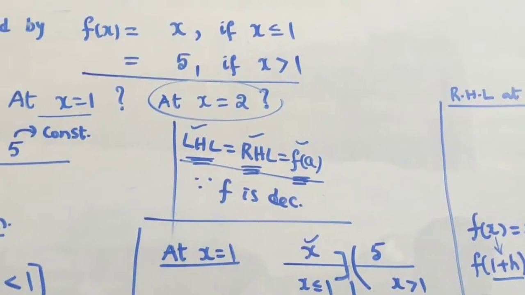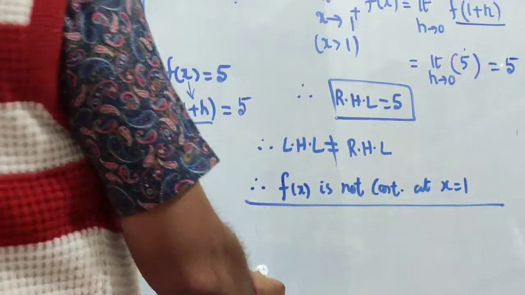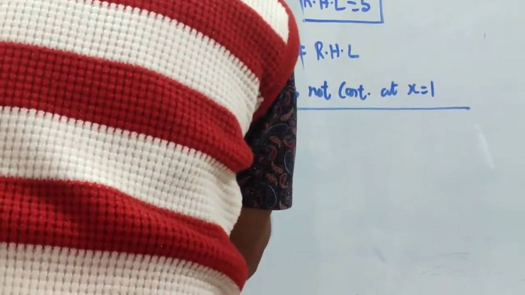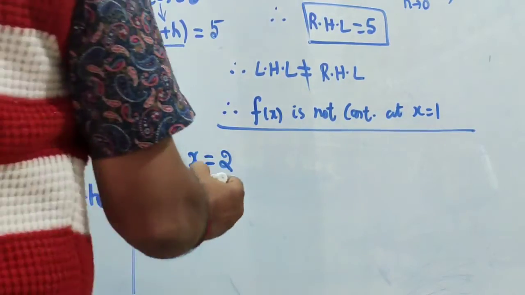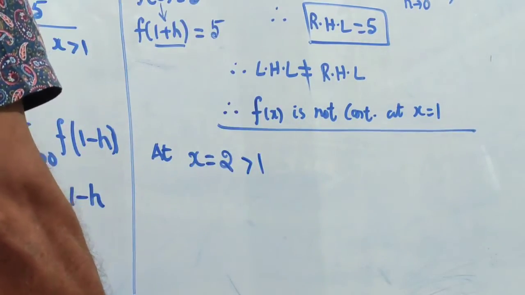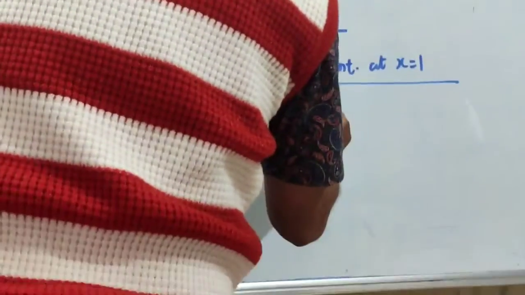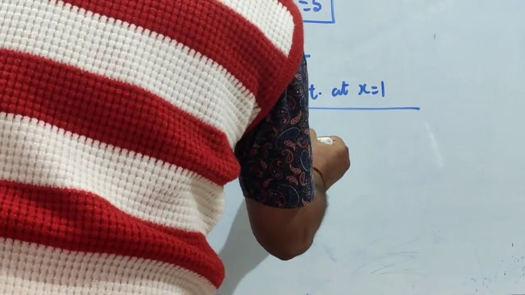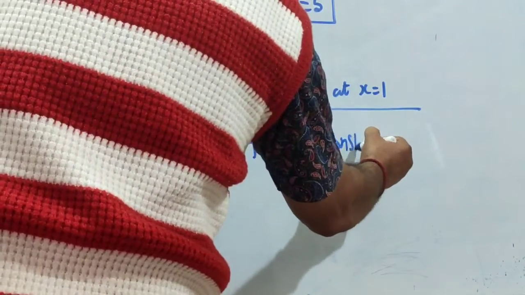Next, the third one, at x equal to 2. Here 2 is in the greater than 1 case. In the greater than 1 case, f of x is defined as 5, which is a constant function.